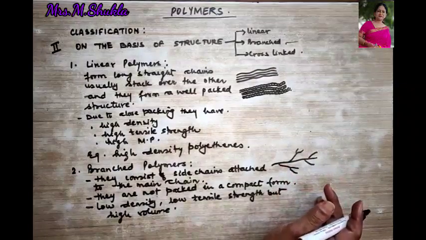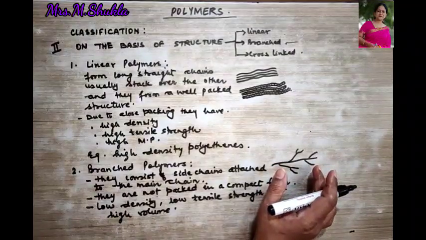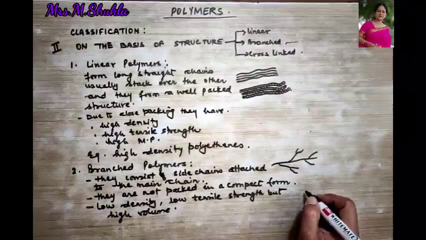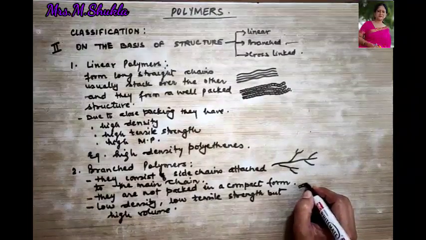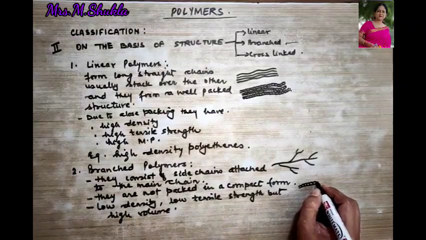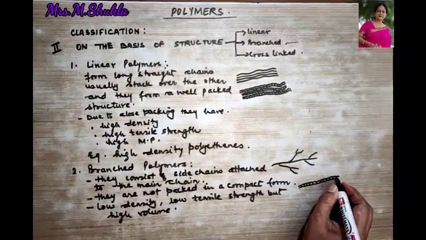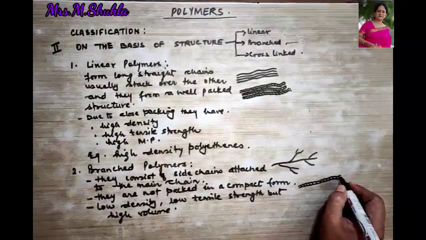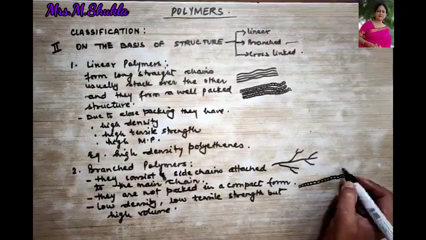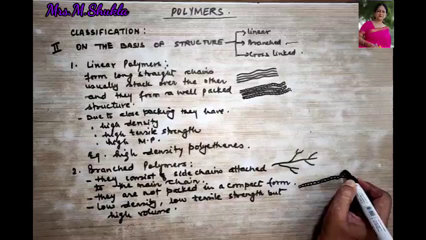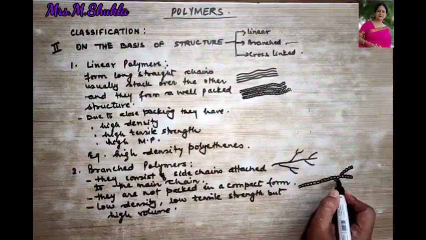So it could be like this. So how can we show it? I'll show it over here. Suppose this is the main branch. Okay, then it has some side branches.